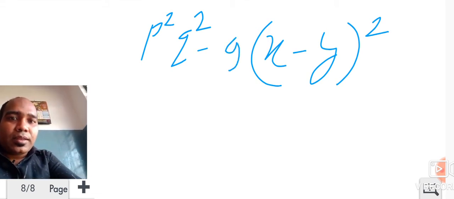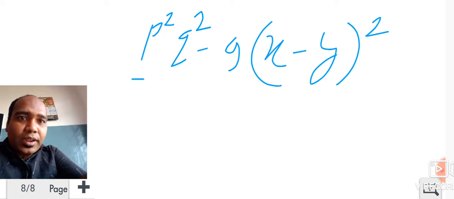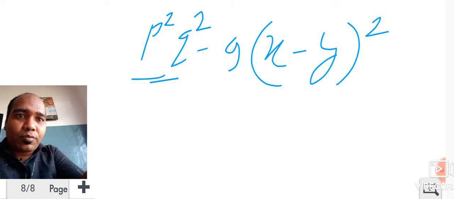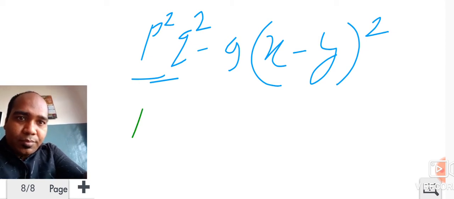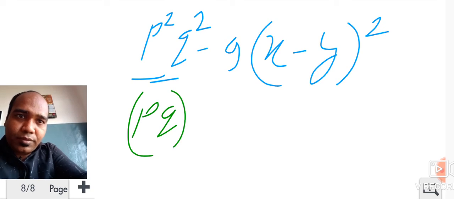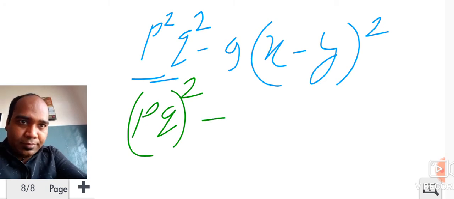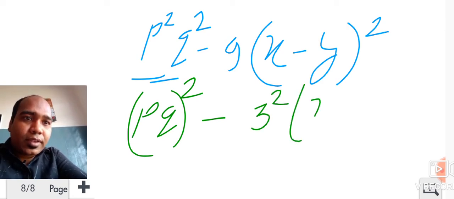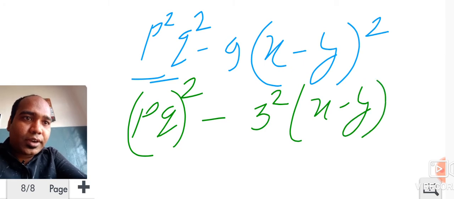Now this p square and q square, can we write it as pq whole square? Of course we can. Then this 9, can we write it as 3 square? Yes, we can. And x minus y is already in square.